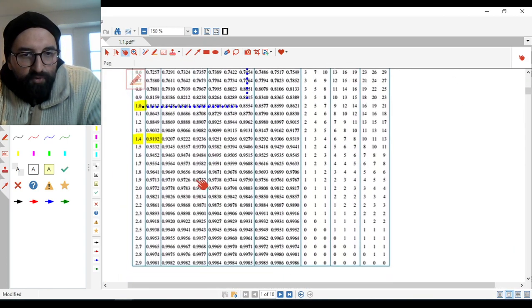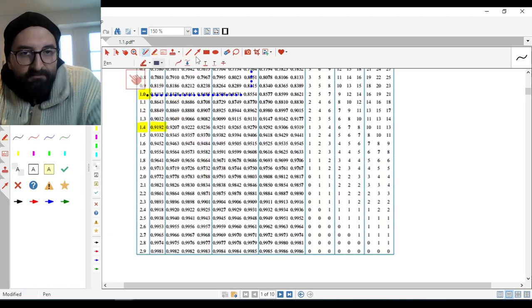Firstly, we have to 1.9 and 0, 1, 2, 3, 4, 5, 6.